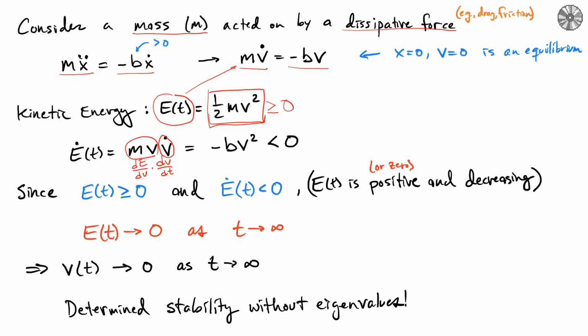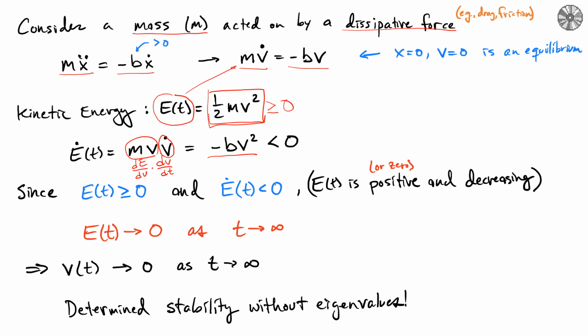And if we now substitute in what v dot is, minus b over m times v, the m's cancel and you're just left with this term. Again, v squared is positive, which makes that overall term negative.